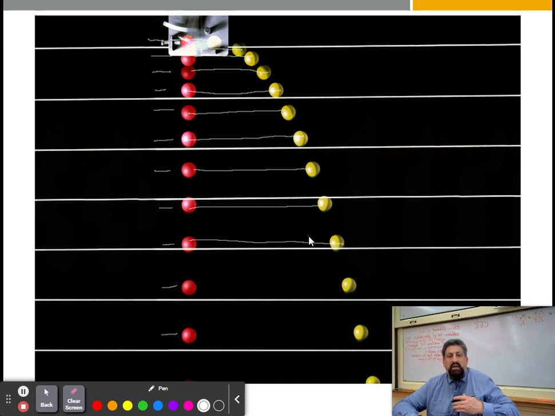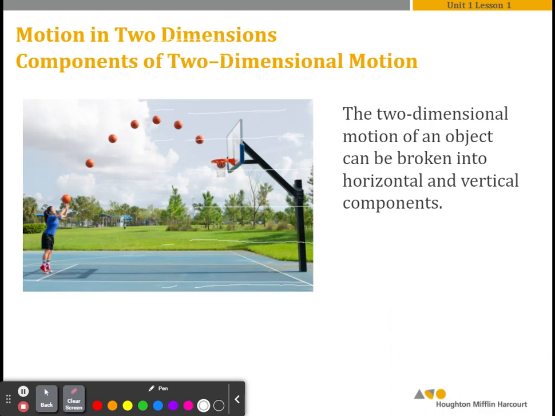So the yellow ball is shot to the right, the red ball is dropped straight down, and we notice that they both accelerate downward at 9.8 meters per second squared. The difference is that the yellow ball is also moving to the right, but they fall at the exact same rate. That's an important point to pay attention to.